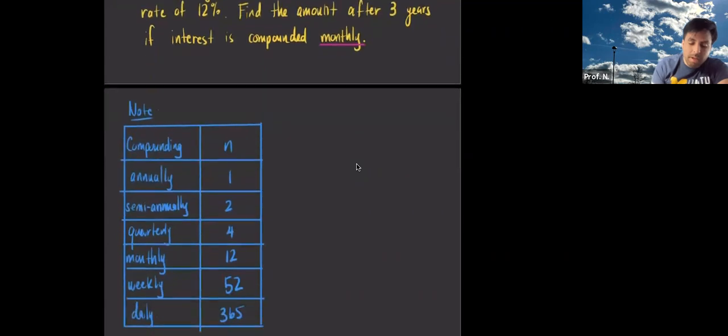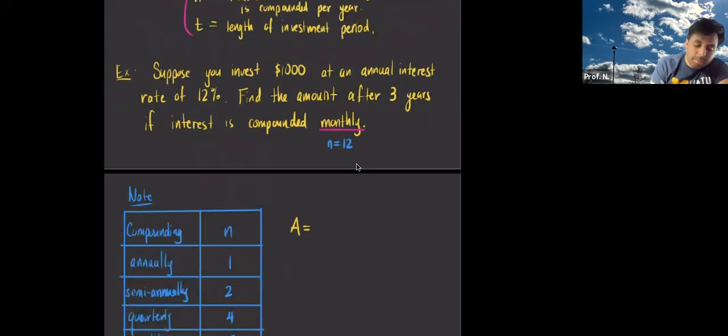So in this case, my interest is compounded monthly. So immediately I should say n equals 12. So then by the compound interest formula, what do I have? The A value is missing, the P value is 1,000, the R value, what's the R value? If the annual interest rate is 12%, what's the R value going to be? Remember, we always want to convert percentage to decimal.